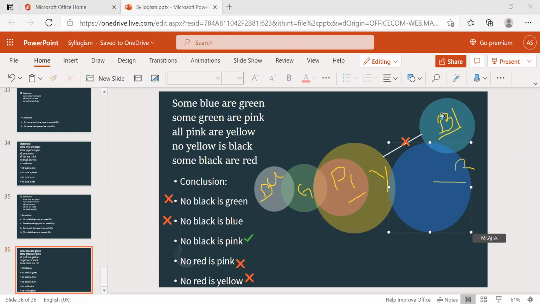That's it. See, for example, I'll take countries. India and China are fighting, and India is talking to the USA, and China is also talking to the USA. So this is like the USA. India has a connection with the USA, and China also has a connection with the USA, but India and China have no connection with each other. Okay, is it clear? So this one is wrong, this one is wrong. Only one statement is true.